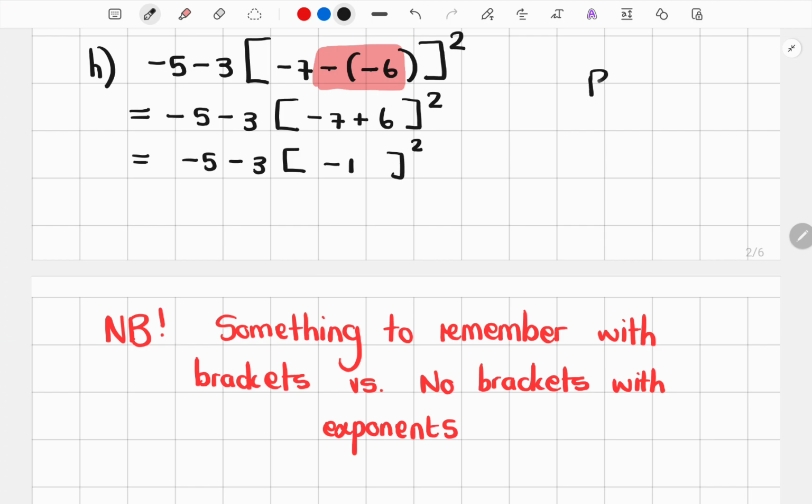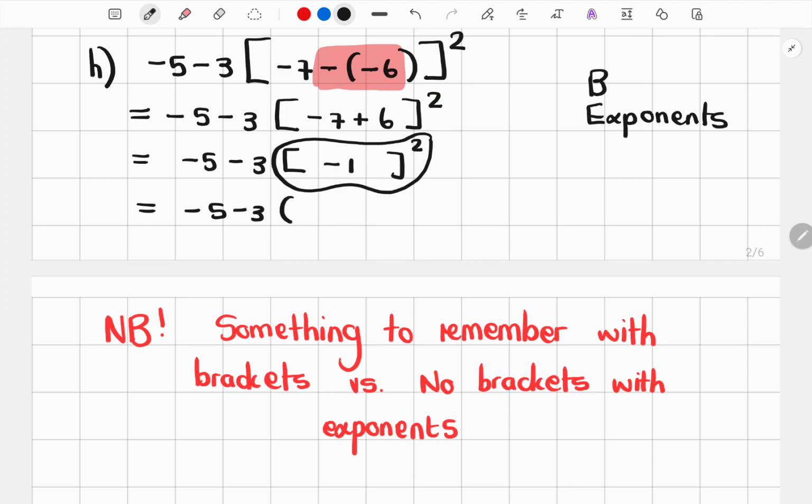So remember BEDMAS? B-E. So E is for exponents. So I now need to bring this 2 into my brackets. So -5 minus 3 bracket. I'm going to make them round brackets now because I'm finished with a bracket within a bracket.